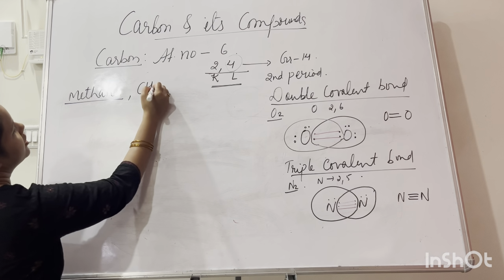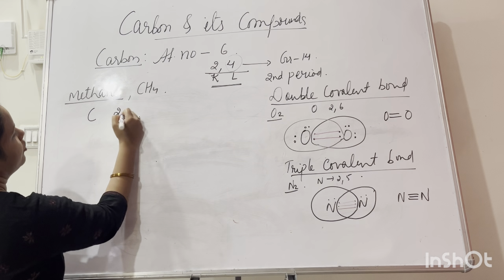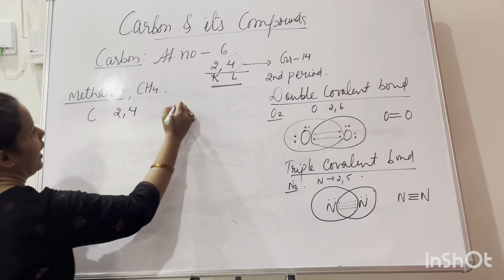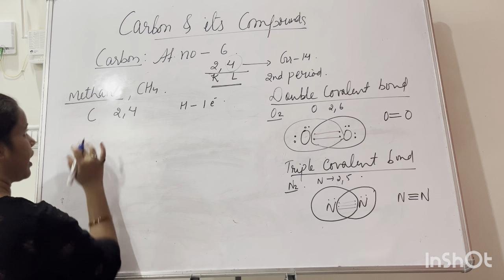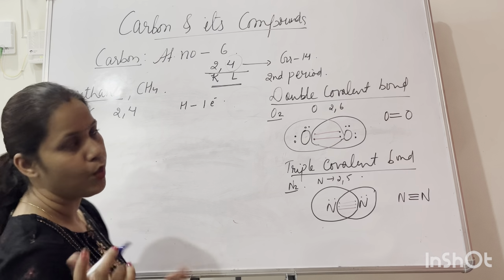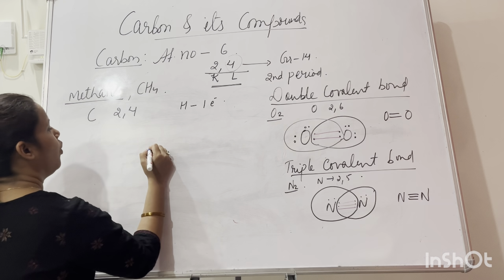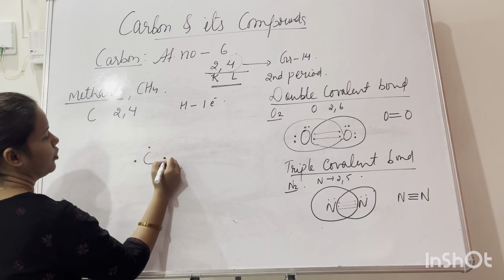Methane is CH4, 1 carbon and 4 hydrogen. Carbon's electronic configuration is 2, 4. Hydrogen has only 1 electron. So carbon needs 4 electrons to complete the octet and hydrogen needs only 1 electron. So 1, I will show 2, 3 and 4.